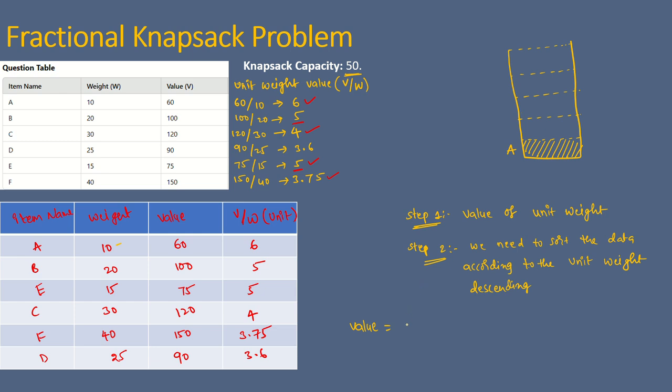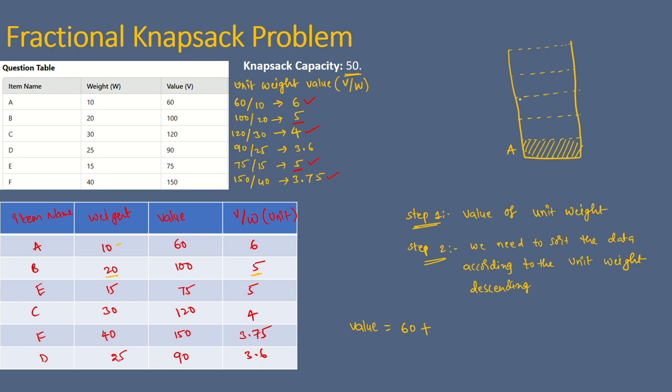What is the profit I get when I choose this capital A? 60 units total value I got. Next plus. What is the next item I need to choose? This 5 unit weight. How much weight is available? 20. Can I store this 20 out of 20? Yes, definitely.